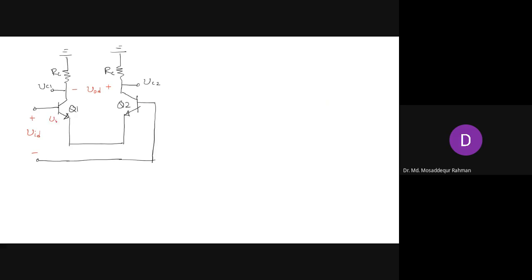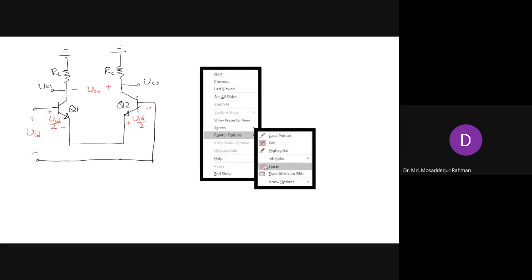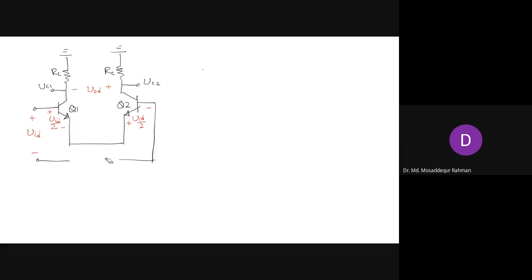So we'll have half of VID appear here, plus here, and the other half here, minus. Now we would like to remove this part here.